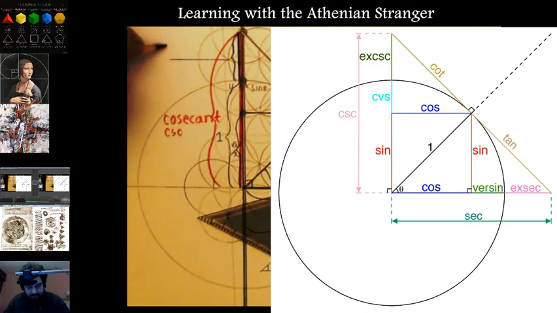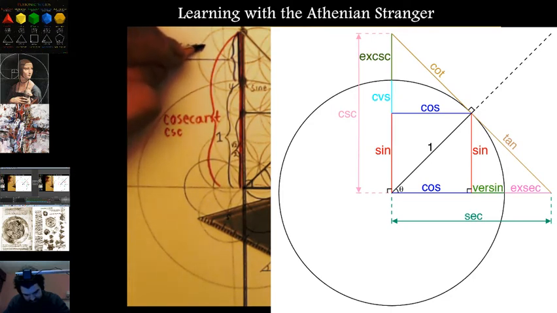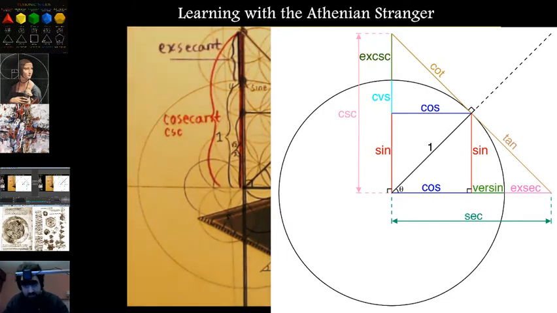This is the x secant. Now, what about this little distance here? This is called the cosine. Cosine.